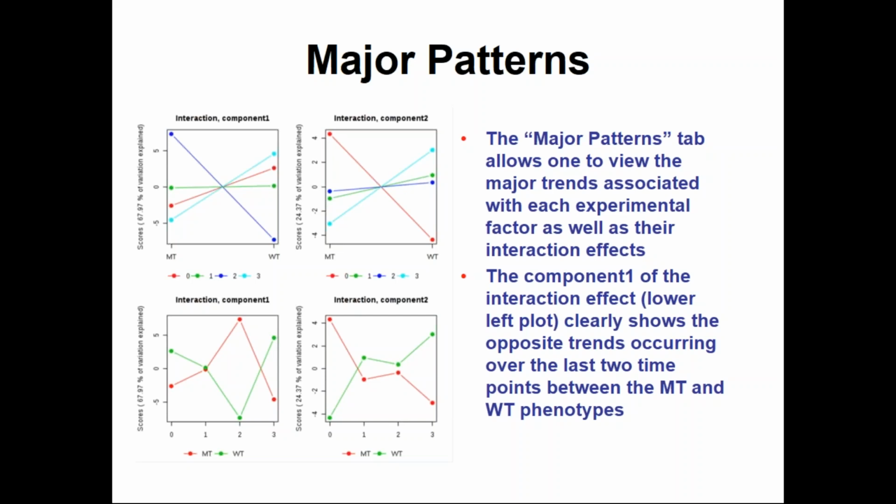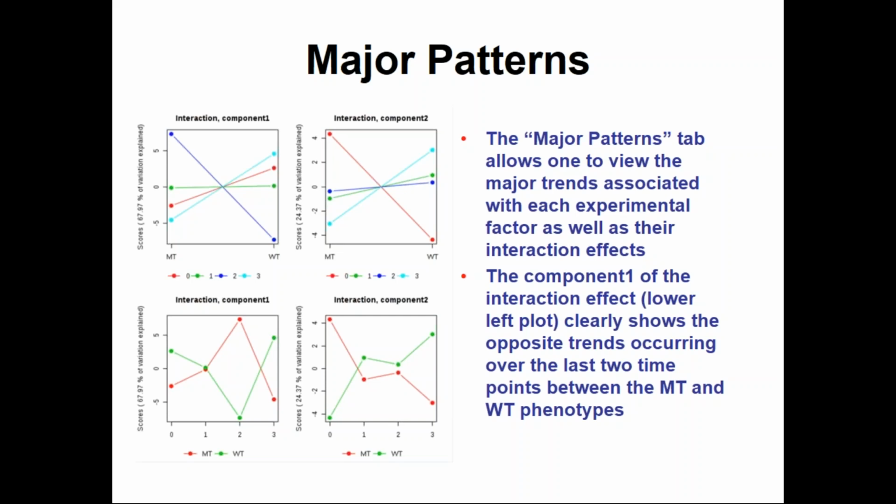So this particular, we'll pretend it's a metabolite, it's actually a component. The green one, which is the wild type, starts off reasonably high. It starts falling, plummets at time point 2, and then rises back up again. In the mutant in red, exactly the opposite, the mirror opposite occurs.